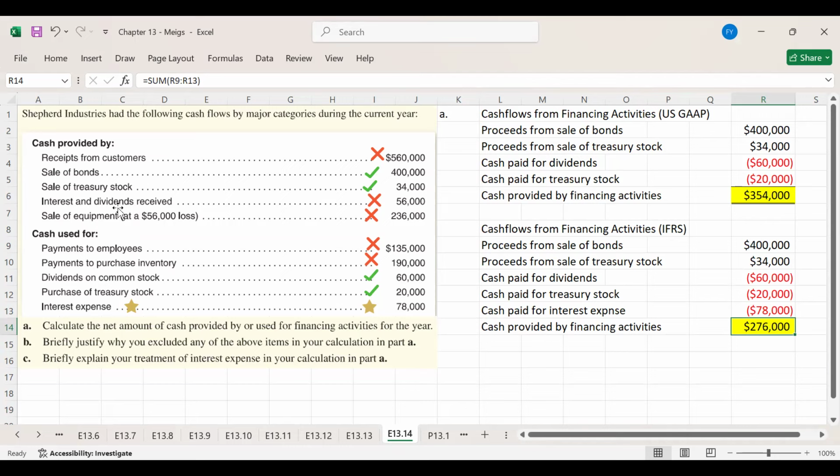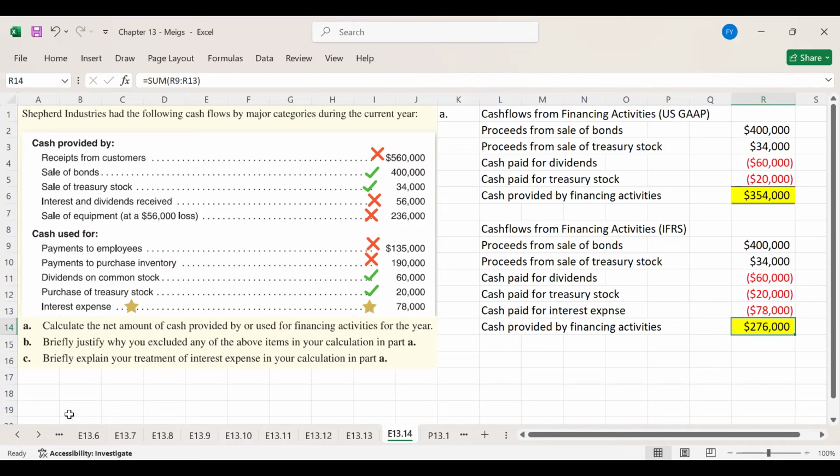And then sale of equipment, we discussed in the previous lecture that sale of equipment is a part of investing activities. So this is the answer of requirement number 2, why we have excluded these from the calculation of financing activities. Payment to employees is again operating activities. Payment to purchase inventory is again part of operating activities.